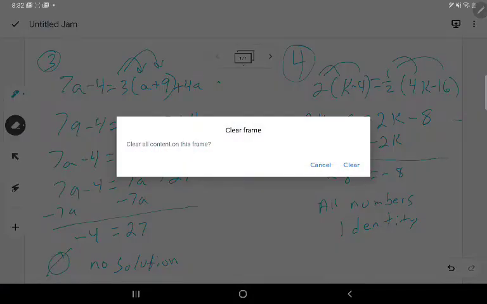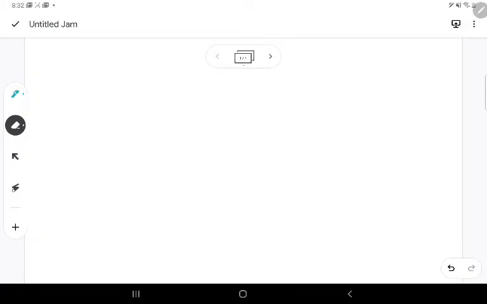Now let me get rid of all this. And we're at number 5. Number 5, you have a problem. You are to choose the equation to find the unknown number and then solve. So it states 9 less than 5 times a number is 3 more than twice a number.